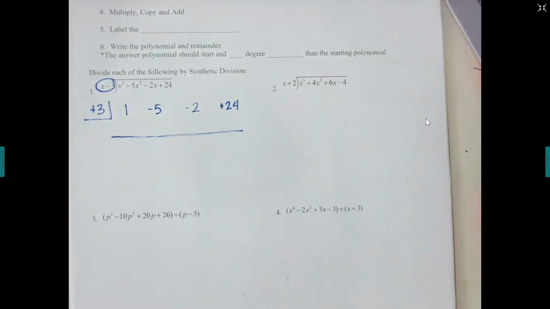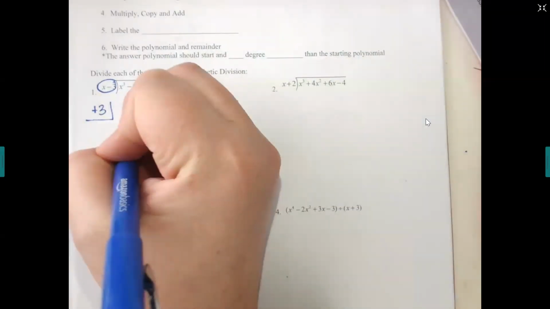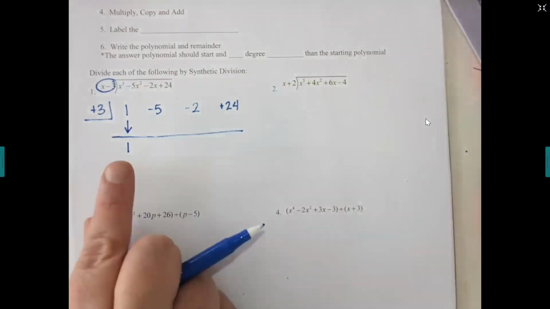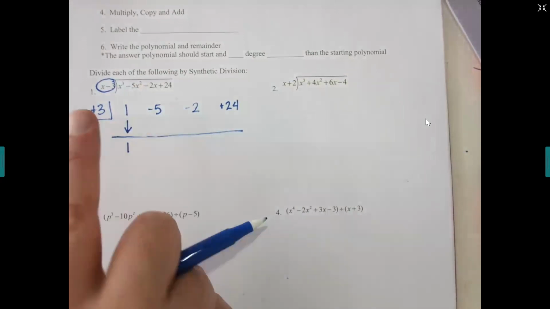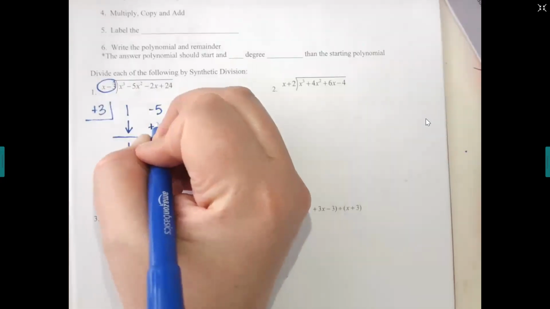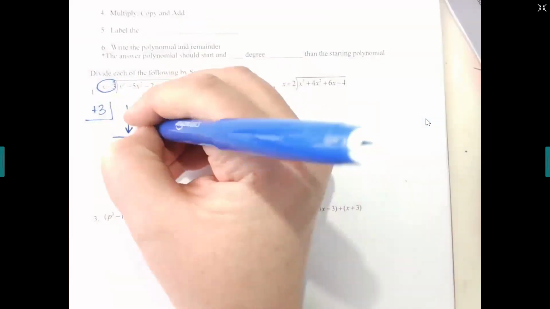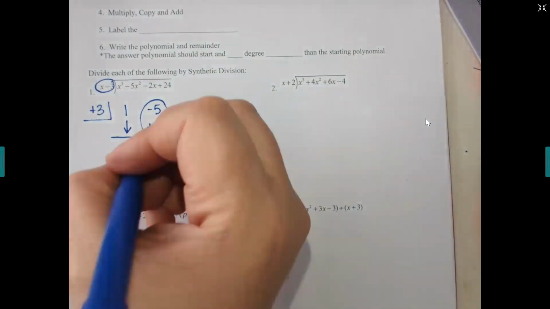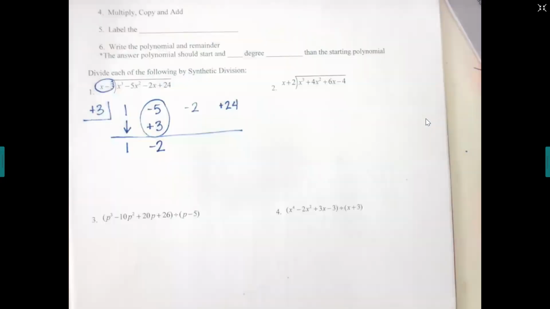Okay, the first number is always gonna come straight down. And then you're gonna times it by the box. So can you tell me? 1 times 3 is 3, it's a positive 3. And then I'm gonna add it with the number in the next column. So if I have a negative 5 plus 3, how many is that? 2. Very good. Then I repeat, take that number, times it by the box.